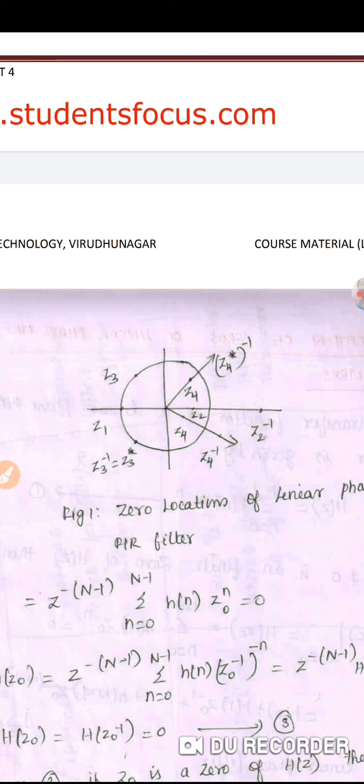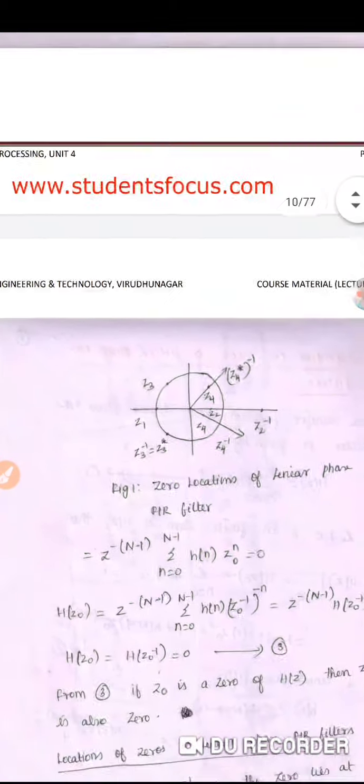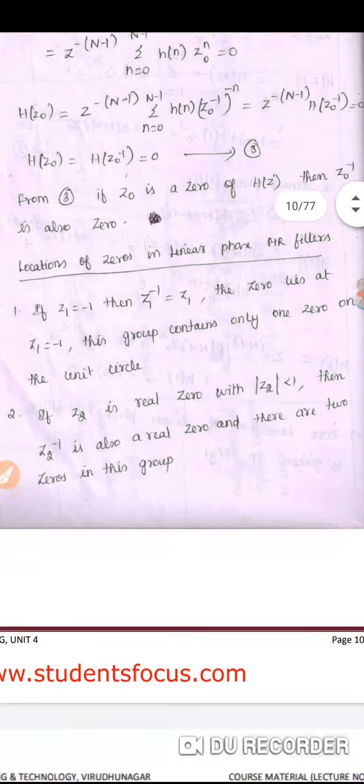So in this group you will find four zeros. In this way you can locate the zeros of linear phase FIR filters.